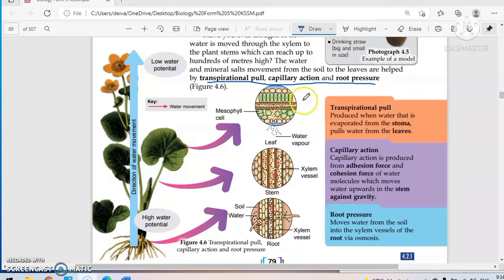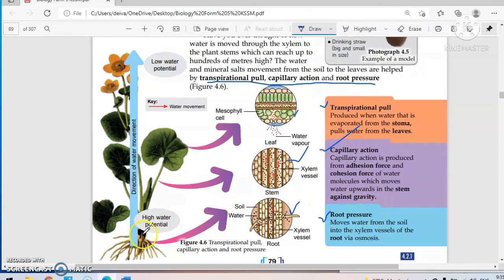This picture shows the transpiration pull. This picture shows the capillary action by the xylem vessel. This picture shows the root pressure. Now we're going to see one by one: what is the transpiration pull, capillary action, and root pressure.